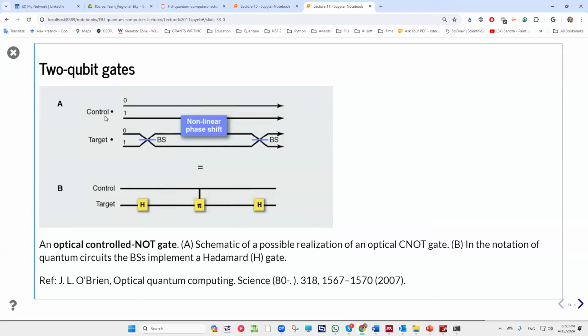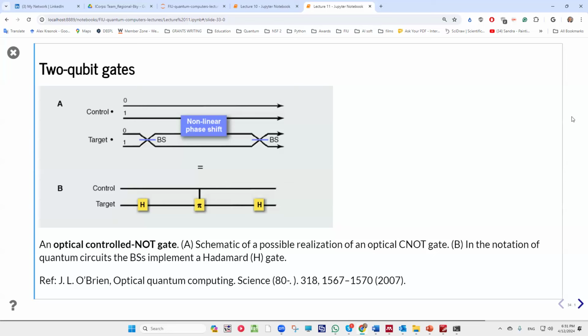However, if the photon in the control qubit comes to this nonlinear phase shifter, it enables, so basically it provides sufficient amount of intensity that creates the nonlinearity for the target qubit, and it controls the output in the target qubit. Okay, so this is how it works for photonic 2 qubit gates.